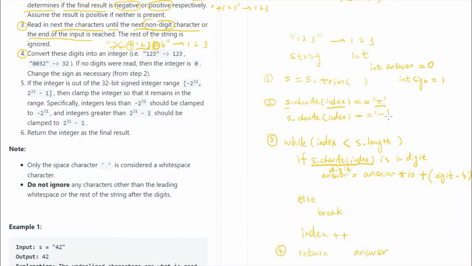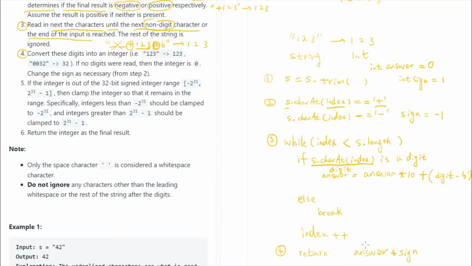When the sign we read in is negative, we will assign sign equal to -1. So when we return our answer, we use our answer times the sign.